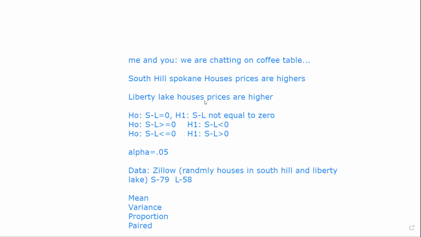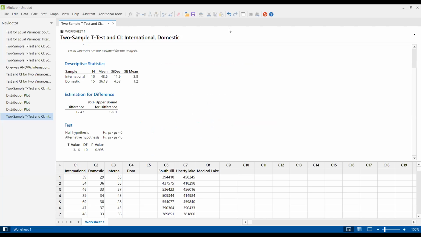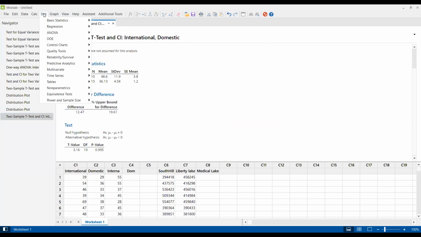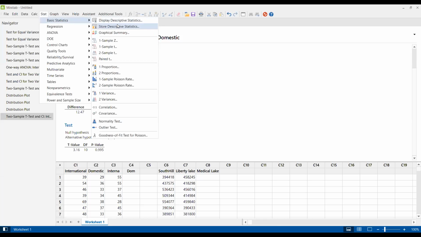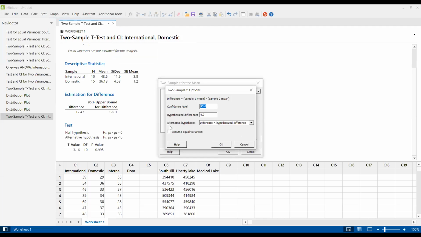Can you see this? Can't you see my Minitab? I see it, but are you doing anything? No, oh, okay. Look into the Minitab. The problem is that I did 3.7 assuming equal variance. Since you have to test, for example, we have checked that for international and domestic, their variances are not equal.